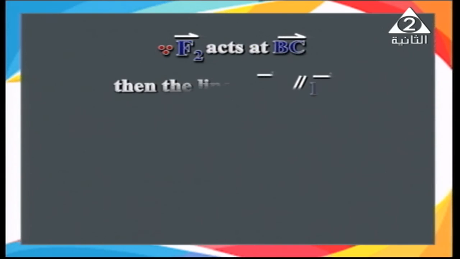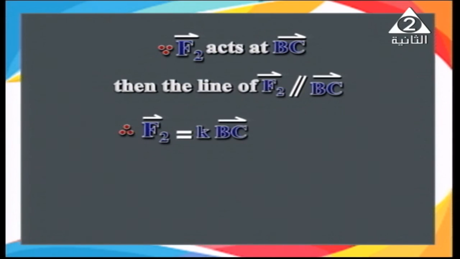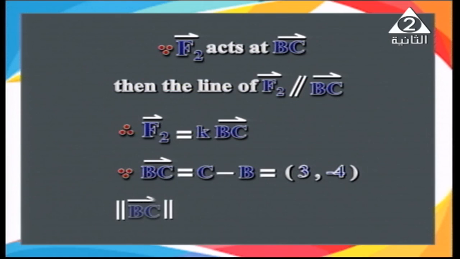F2 acts along BC. By the same method, the line of F2 is parallel to BC, then F2 equals k BC, k is a constant, BC equals point C minus point B, then (3, negative 4). What is the norm or length of BC?